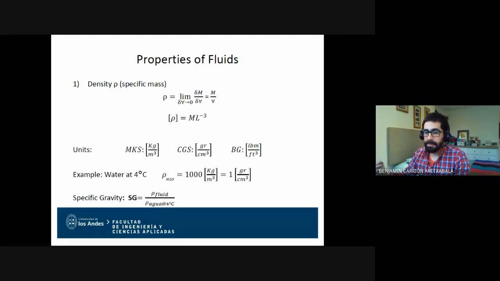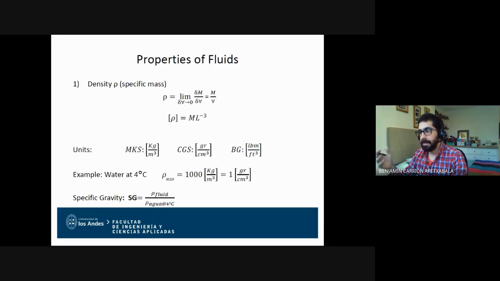So it's the limit if you take the derivative of mass against volume. If everything is homogeneous and you don't have many changes and you have a small sample, then a good approximation is the mass over the volume.